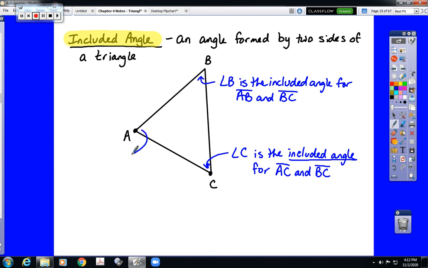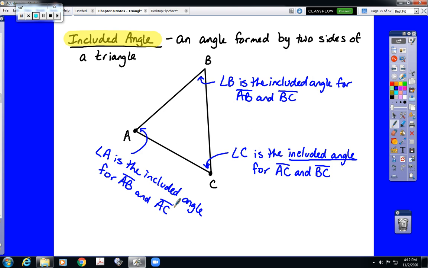For instance, angle A is the included angle for those two sides, AB and AC. So it's just a matter of what two sides we're talking about. The included angle is the angle that is between two specific sides in a triangle.